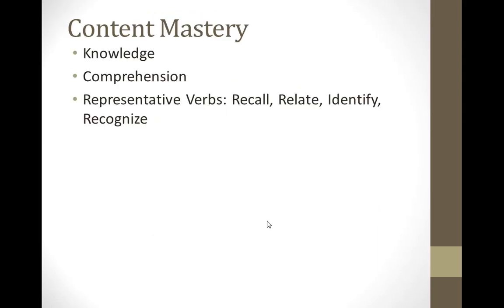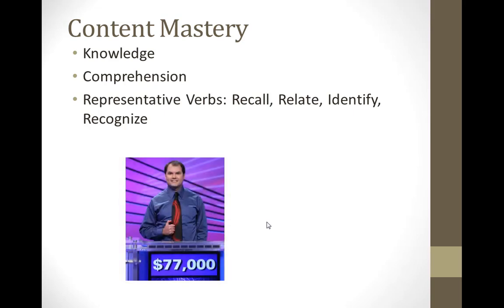Content mastery involves those 2 categories that Bloom talked about as knowledge and comprehension. Some of the representative verbs that reflect this idea are words like recall, relate, identify, recognize. People who are really good at doing this sort of thing, this is really going to serve them well as Jeopardy champions.